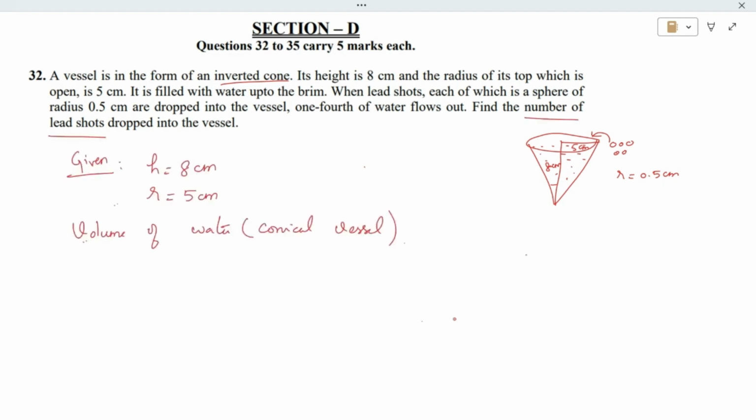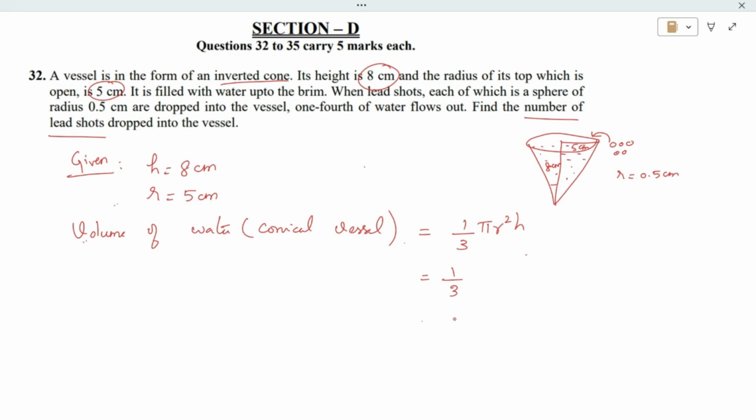Now the given height of the cone is 8 centimeter, and the radius of the cone is 5 centimeter, and I need to find the volume of water which is filled till the top of the conical vessel, which is nothing but the volume of a cone, isn't it? So which is 1 by 3 pi r square h. I'm not going to substitute for pi because whenever I need to find the number of lead shots, I know that I have to divide one volume by the other volume.